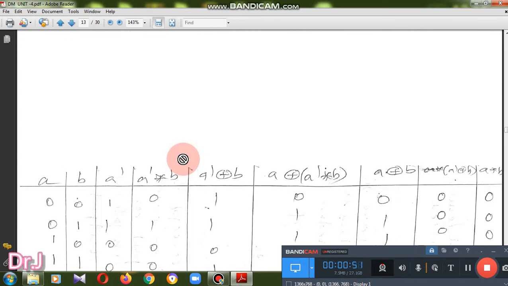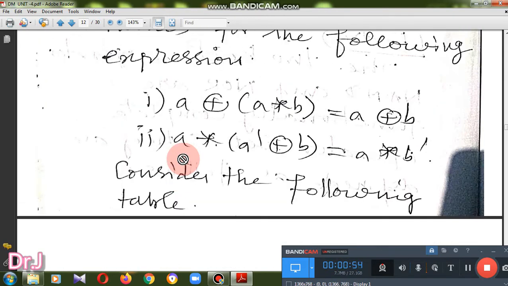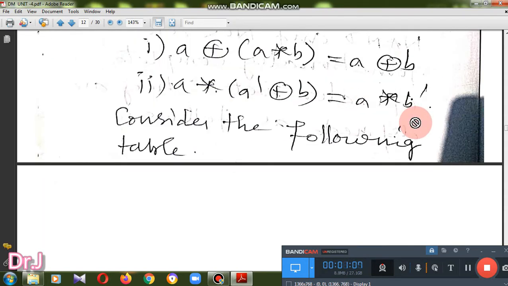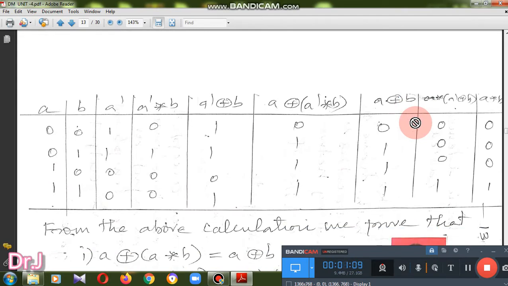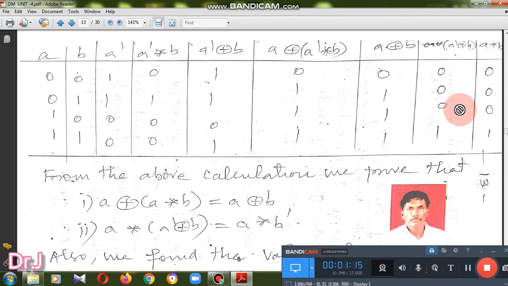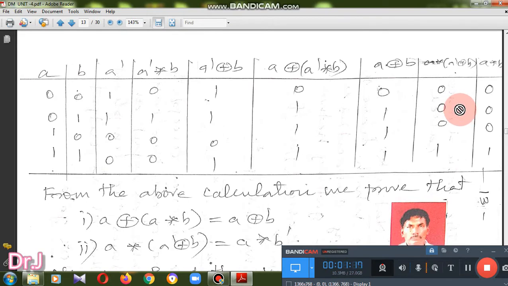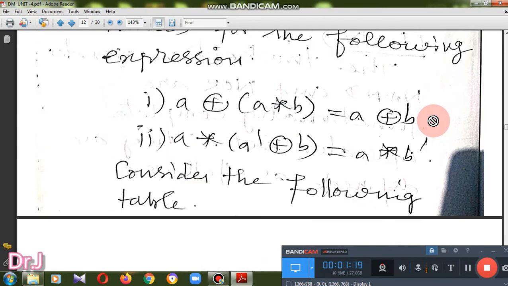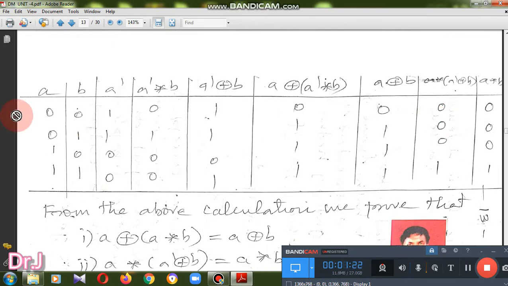Now let us take this, which we have already discussed in the WhatsApp message I sent to you. How many of you went through it? I don't know. So this is one expression, this is another expression. This is transformed like this. Now look at that. This is transformed like this, into 0 and 1.